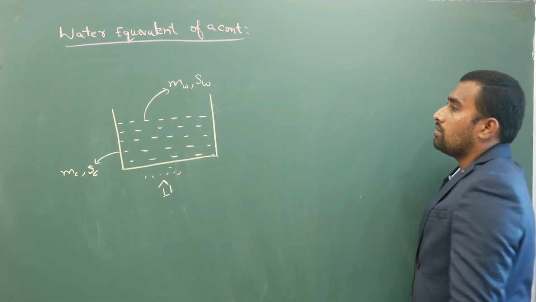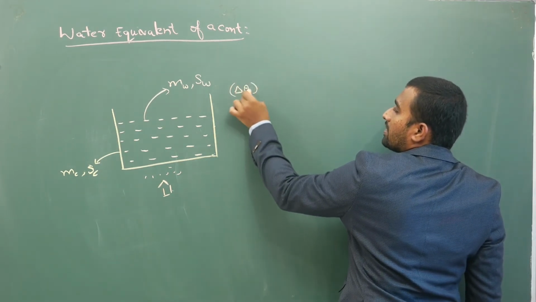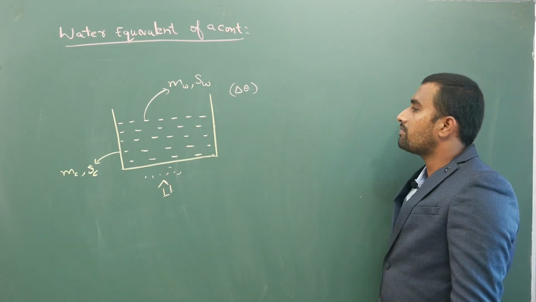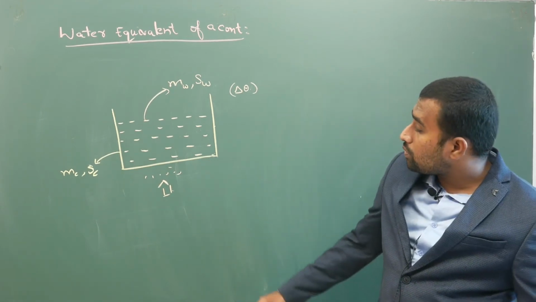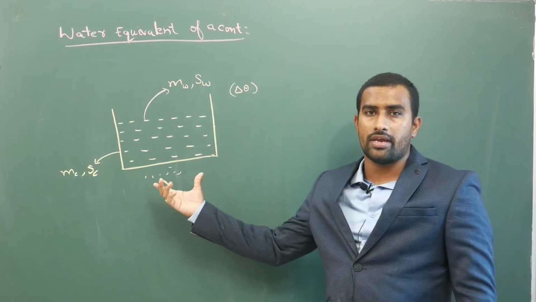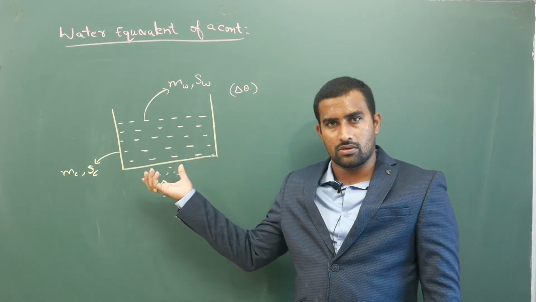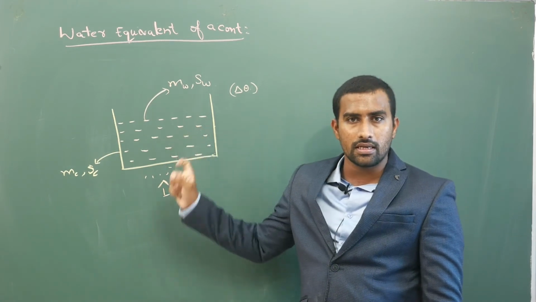Now let us say initially both are at the same temperature and you bring a temperature difference of delta theta in this system. When you heat this body, both will absorb heat. The container will take heat as well as the water will take heat.